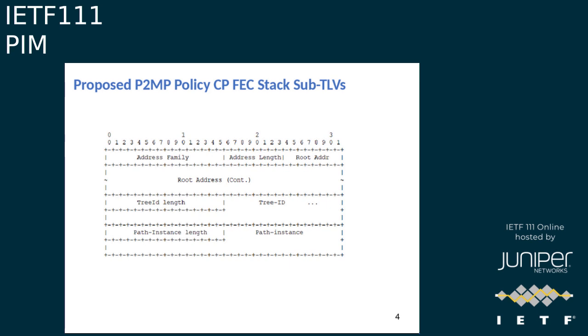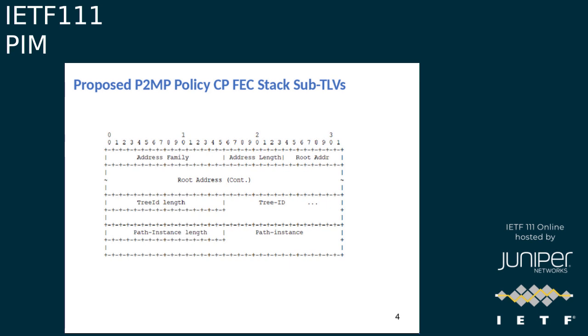But the reason that we call it IPv4 and IPv6 was because it identifies the root ID of the point-to-multipoint policy, where really the root ID, the tree ID, and the path instance are the unique identifiers that identify the replication segment at each hop. So that was the reason behind the naming.